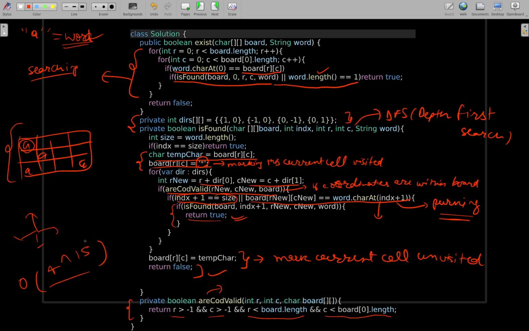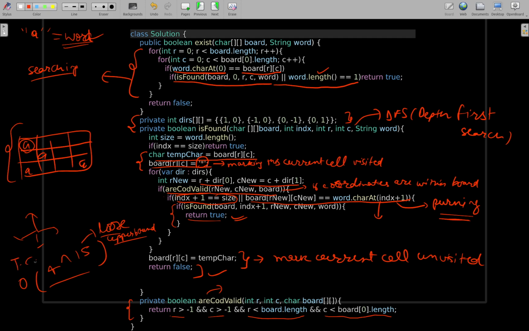But that will not happen for sure, because of this pruning, and sometimes it will be out of the boundaries of the board, so it is a loose upper bound, you can say. Although it will be significantly lesser than this.